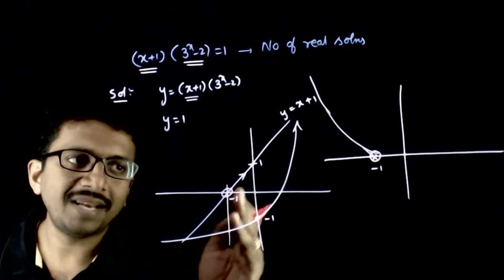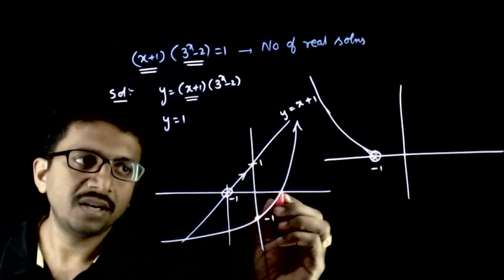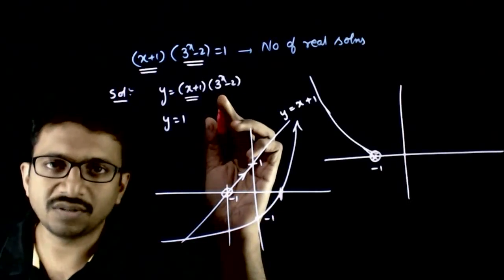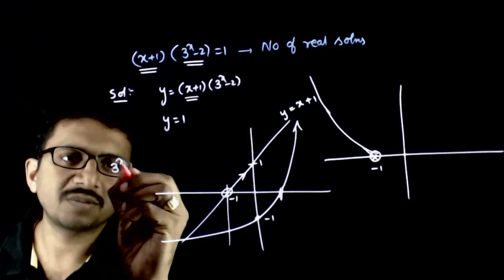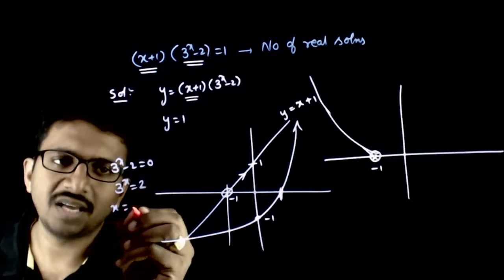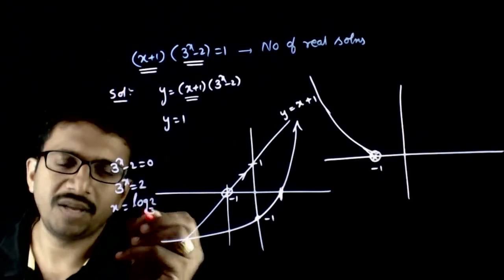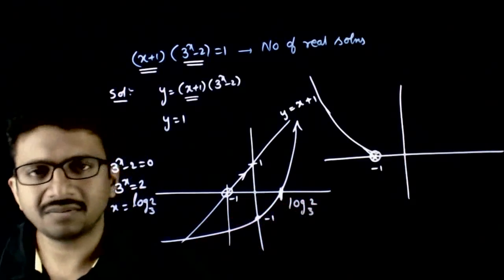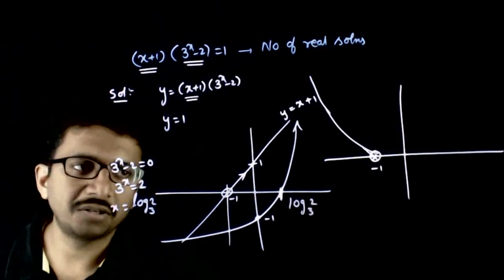Next, from −1 till the point where 3^x − 2 is equal to 0: 3^x = 2, so x = log 2 to the base 3.